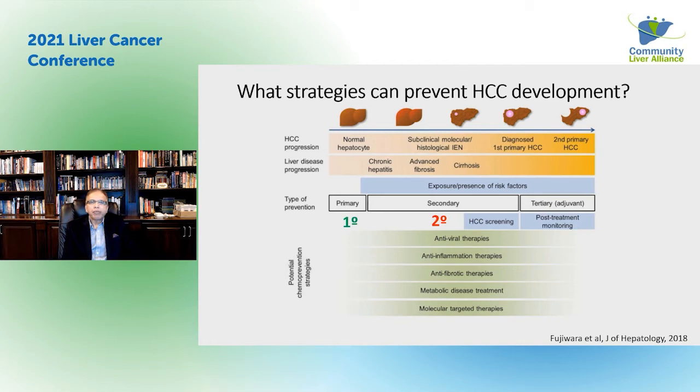And tertiary, once the patient has already developed HCC, treated, and what sort of strategies we can follow to prevent further development, recurrence, or new HCC development. The number of strategies which can potentially be applied: antiviral therapies, anti-inflammatory treatments, anti-fibrotic treatments, metabolic disease treatment, and molecular targeted therapies. Next slide.